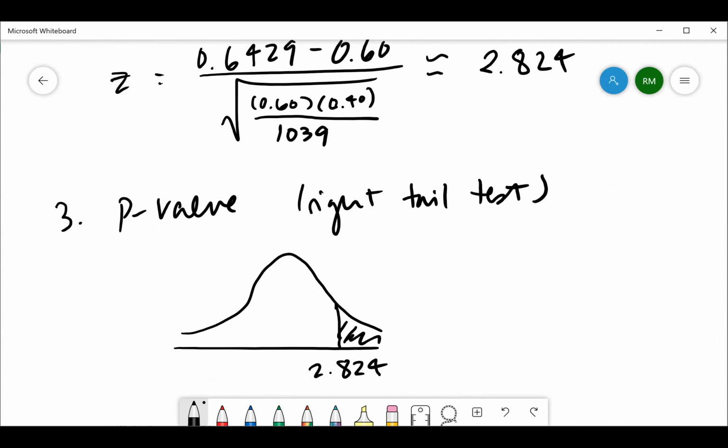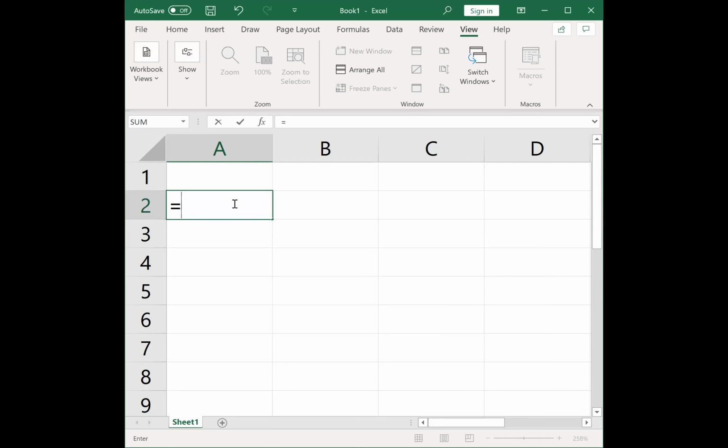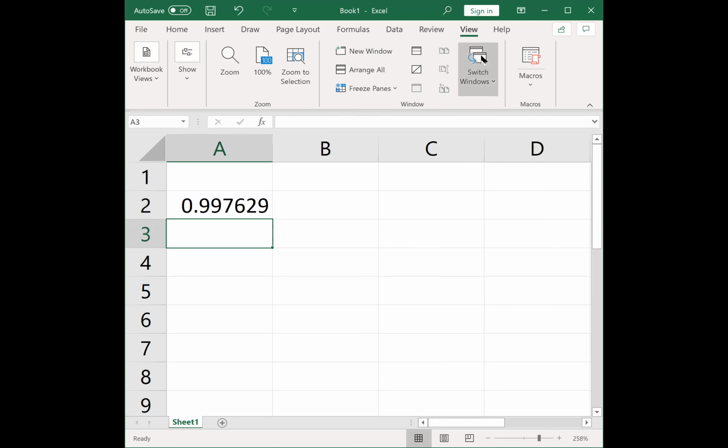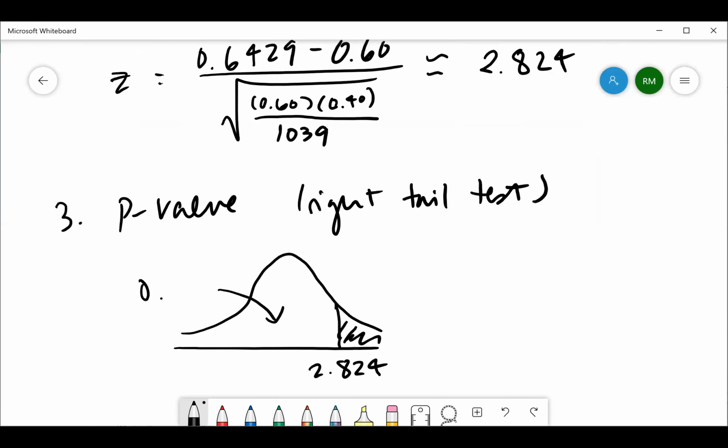So we type equals NORM.S.DIST of 2.824, comma, TRUE. And we get 0.9976. So the area on the right, which is our p-value, is 1 minus that. It should be 0.0024.